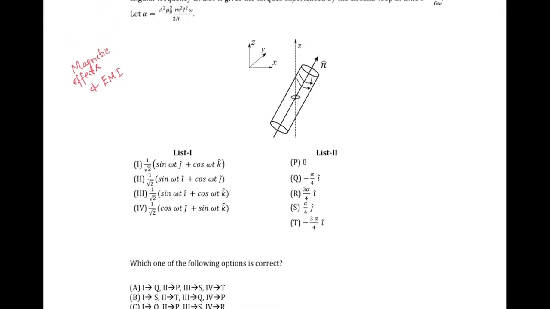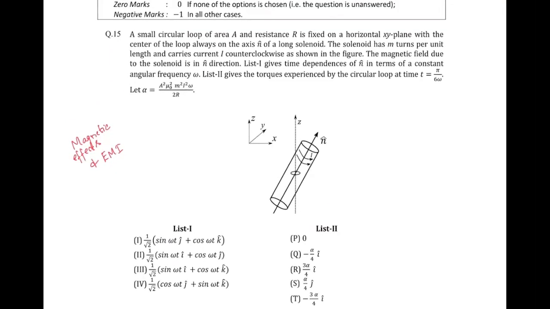So let us try to figure out in which case you're going to get 0 as the answer. I hope you must have already read the statement. I'm just giving you the approach, how you should be solving this.